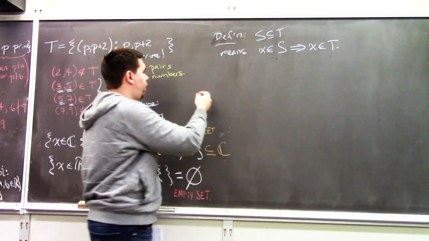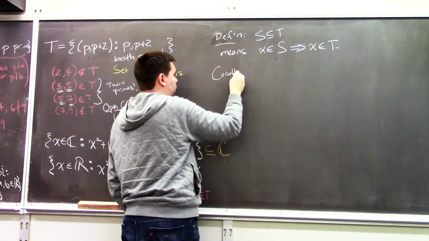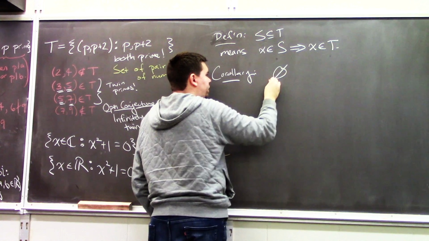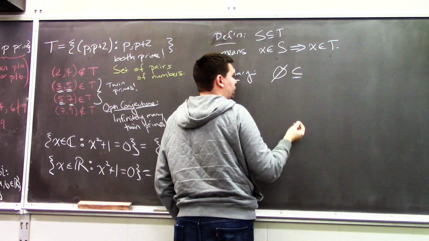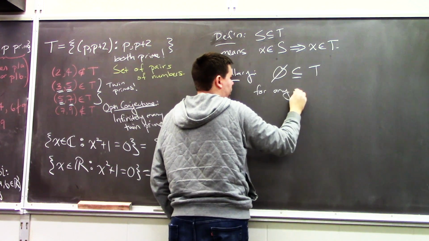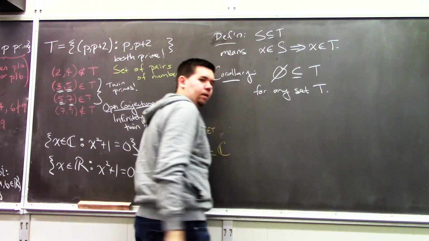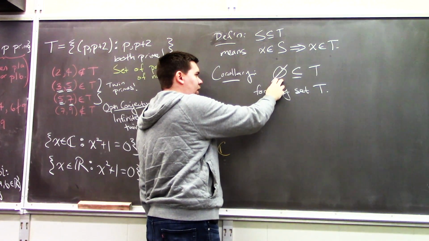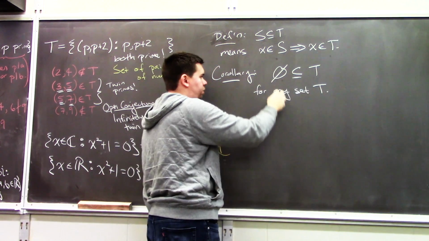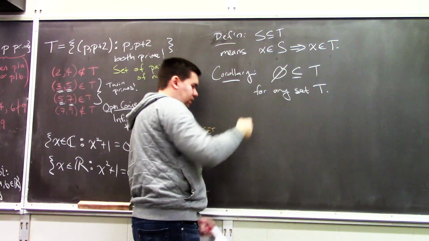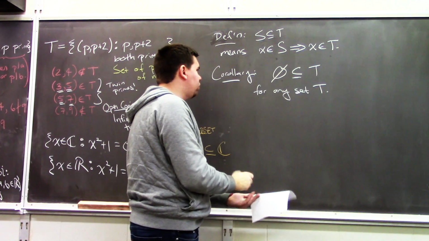But then it follows that the empty set is a subset of T for any set T. Why? Well, check. Every element of the empty set has to be an element of T. So picking the element, there are no elements of the empty set, so that's satisfied. So this is one of those things that we said is vacuously true.